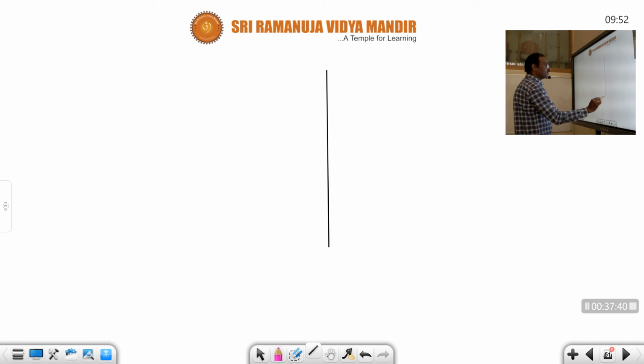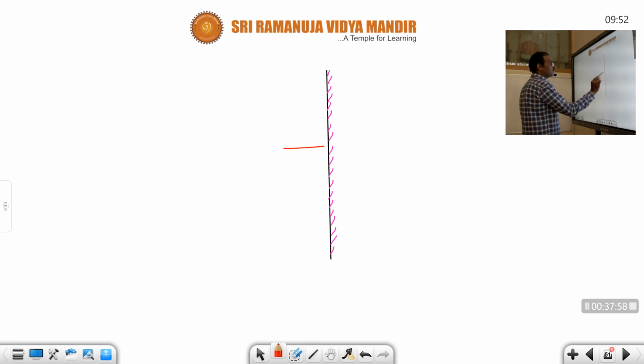This vertical surface has friction, that means it is a rough surface. Now, a block of mass m is kept over here.